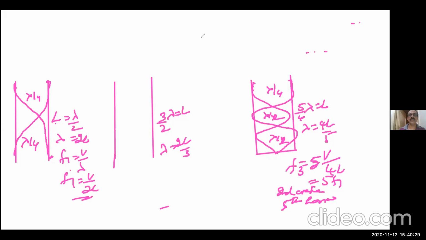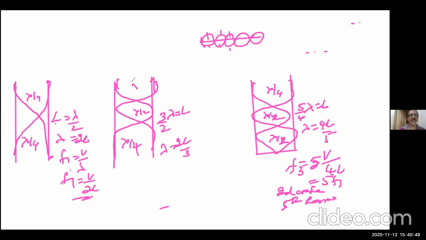Think like this. First these two we got, now this one will come, like this only. That's why: lambda by 4, lambda by 2, lambda by 4. I went to the next stage. Then this is 1 lambda equal to L, isn't it?